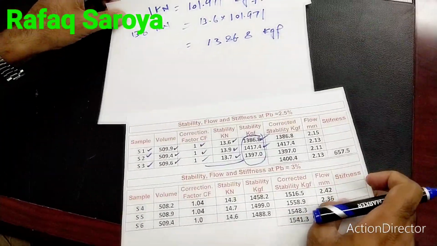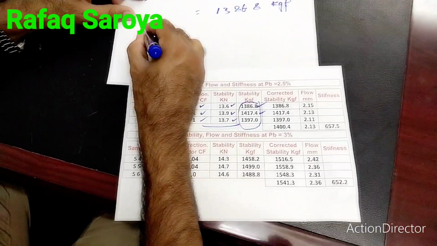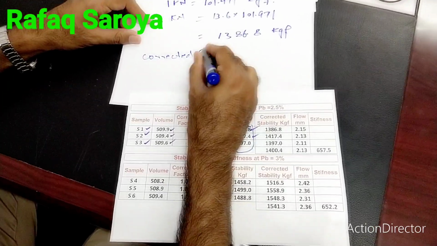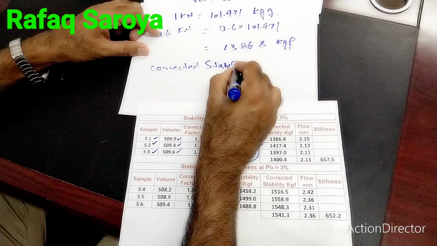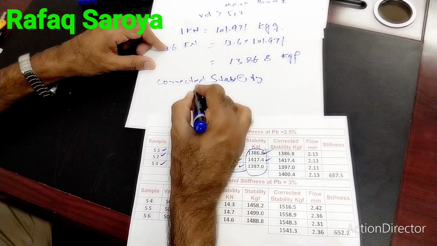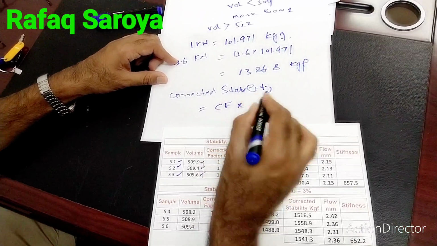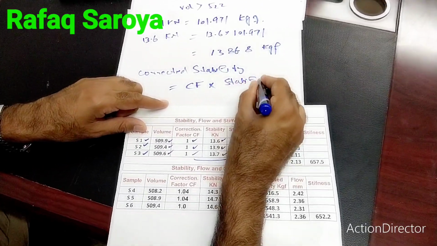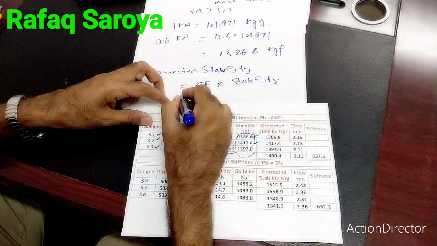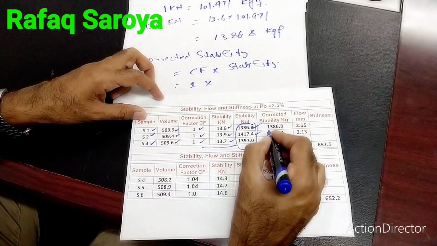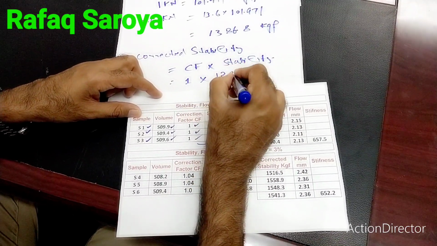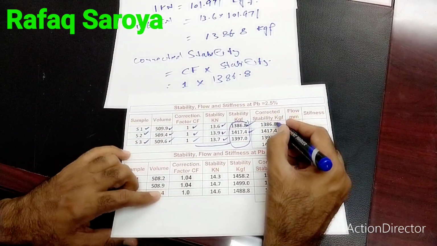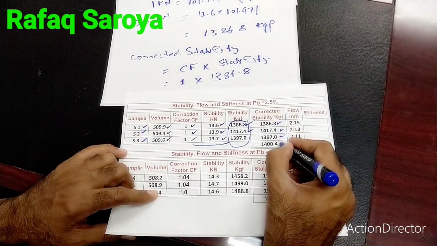So corrected stability is equal to the correction factor multiplied by the stability value. Here the correction factor is 1 multiplied by 1386.8, so the value comes the same, because when 1 is multiplied, the value remains the same.